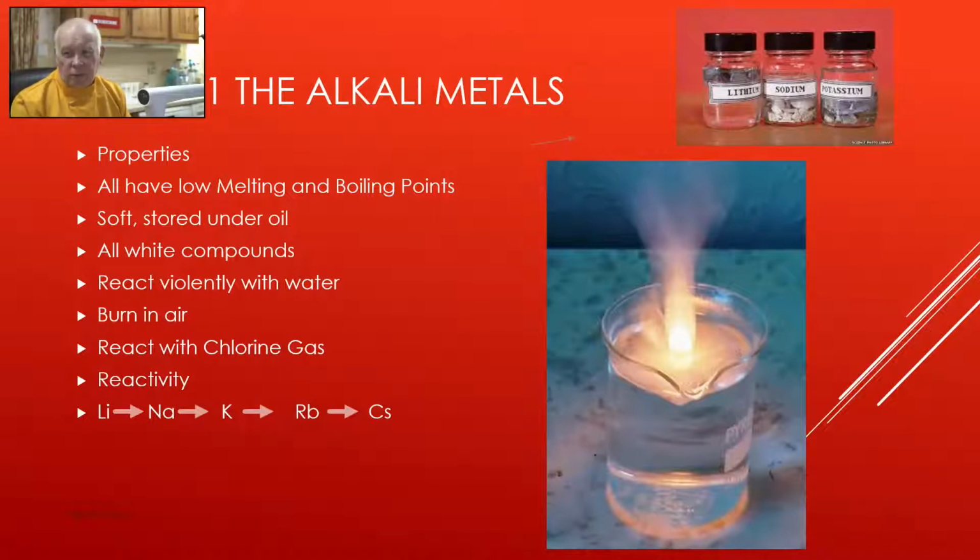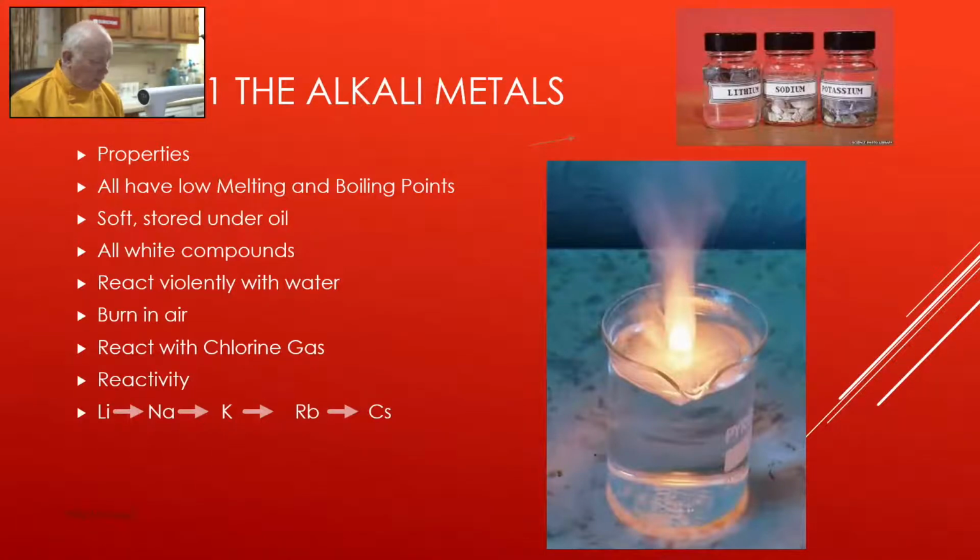Important things to think about before we start, that they're all low melting points and boiling points. They're all soft, they're all very reactive, and they all need to be stored under oil. They react pretty violently with water, as we're going to see, and we'll have a look at them.